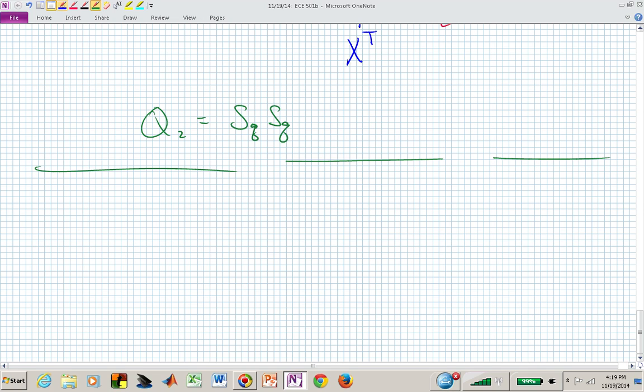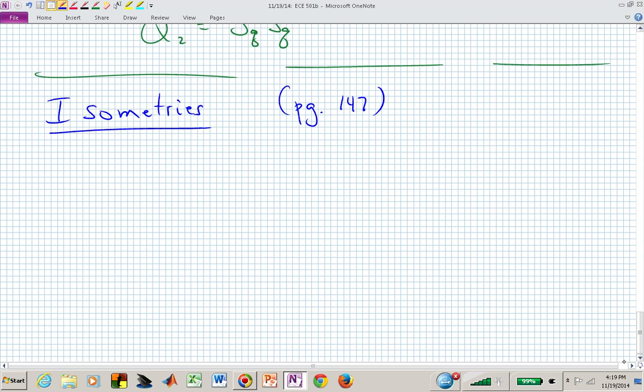Now let's get into the next topic, which is associated with direction, isometries. These are beginning to be discussed on page 147 of the book, and here is the description of an isometry.